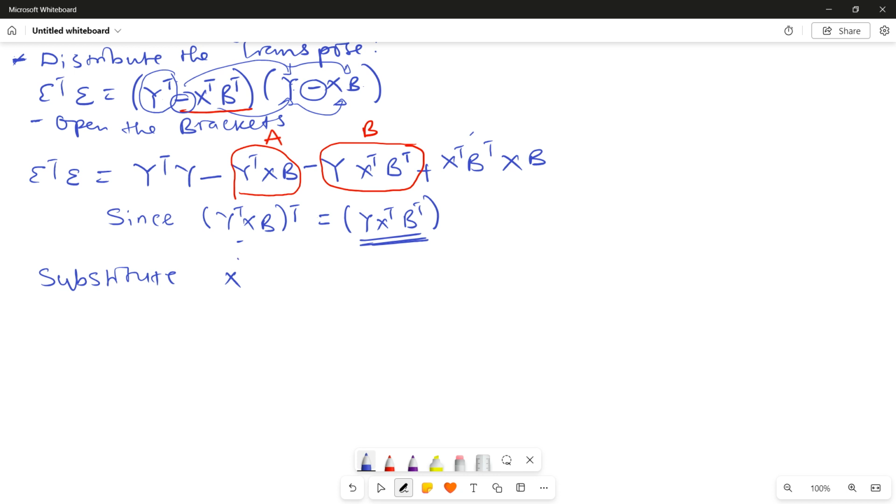We have to substitute A into B. In short, we can substitute A for B or B for A, because we've said that there is some form of relationship that exists between the two. Because the transpose of term A will give us term B, and the transpose of term B will give us term A.